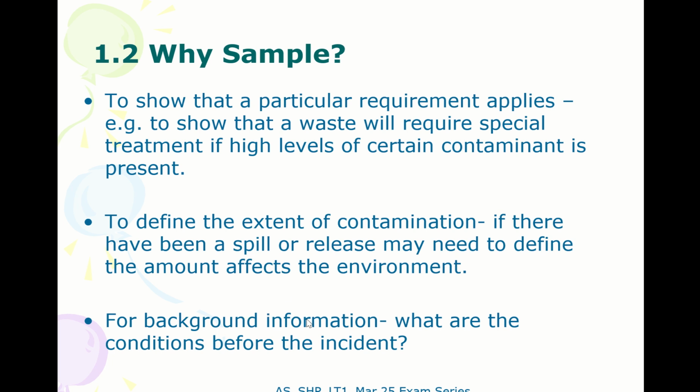That means before something happened, you regularly take a sample to test and collect the data, so that if something happened, you can compare. Okay, is it serious compared to before anything happened? So it's just for background information. That means before anything happened, you keep collecting the sample to test it.